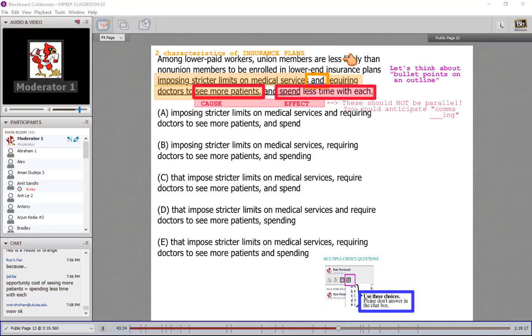If that ever happens, that's a big failure of understanding the original. Anything that has to do with relationships or intended meaning should be figured out before you even go to the choices. Important thing. Okay, so if we look at this, impose and require, those should be parallel. Let's see how much.